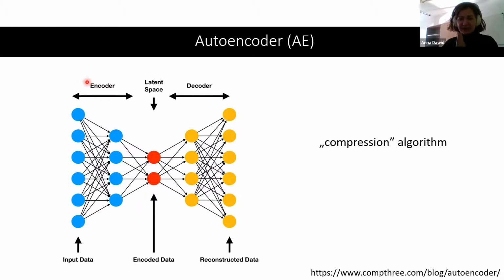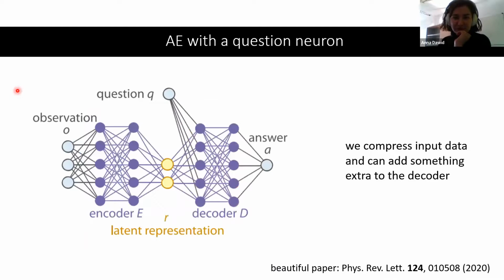So this is the idea of the autoencoder, which we're going to use in our unsupervised approach. And then the final model needed to get everything that we did is still an autoencoder, but now with an additional element, called the question neuron. Why is it useful?